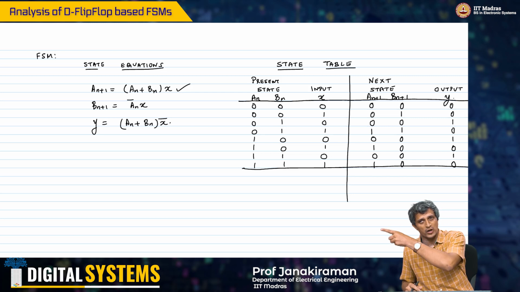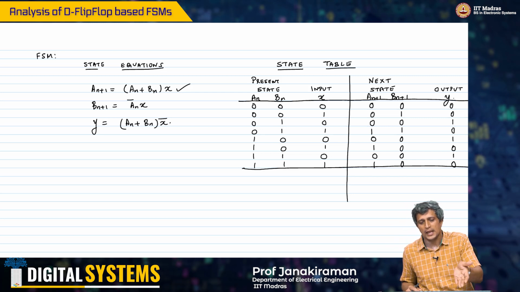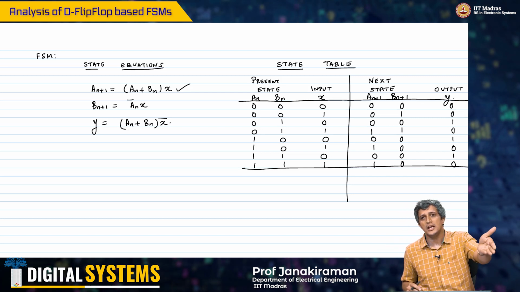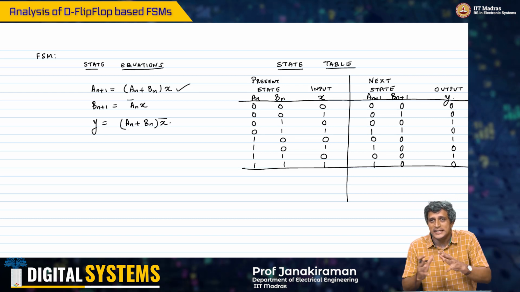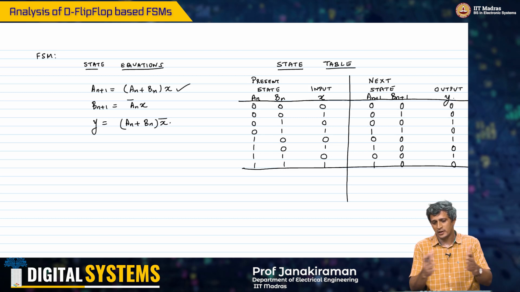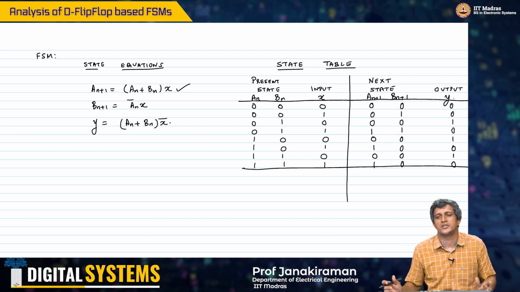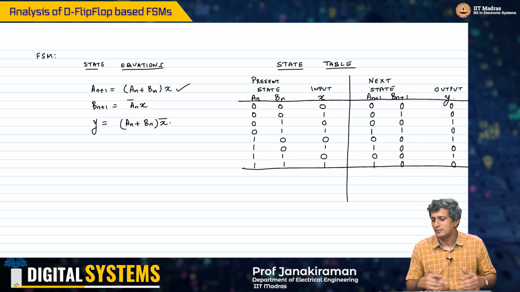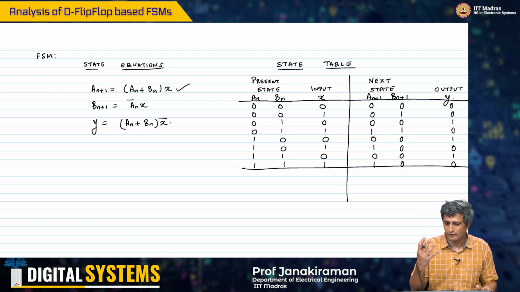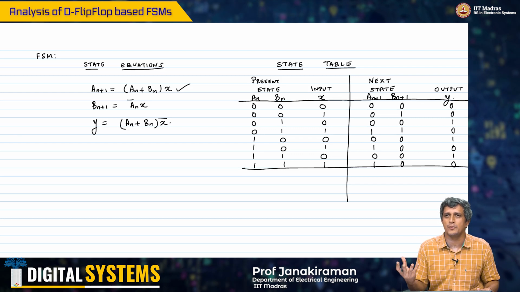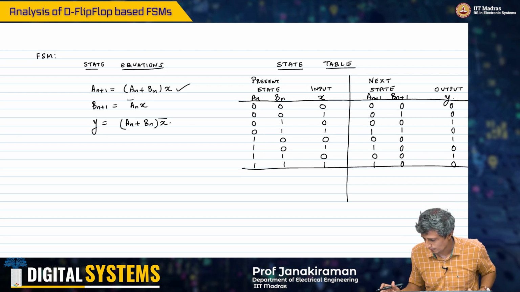You are supposed to work backwards from there and arrive at the state equations and eventually the circuit. Here we are just going in the forward direction because it's easy to get a grasp of terms like state equation and state table, and based on that we'll infer some good design principles in the process.